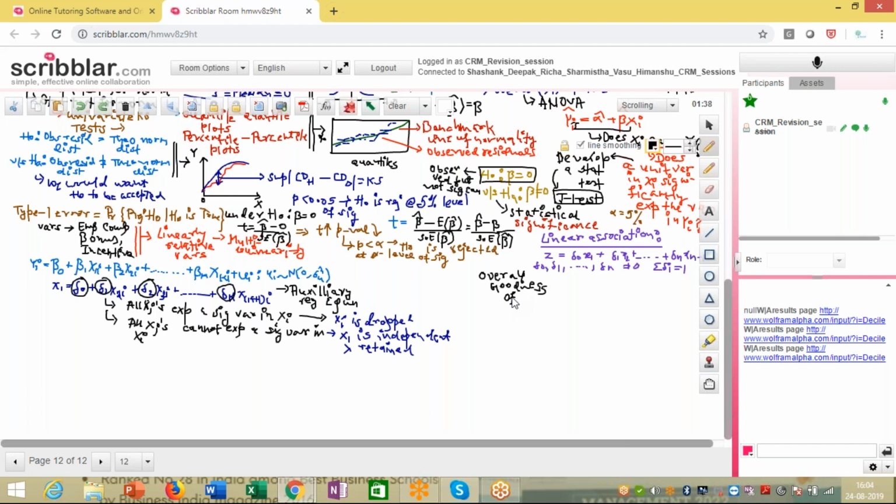Fine. So, talking about the overall goodness of fit of a linear regression model. When I want to assess the overall goodness of the model, there are two very important concepts that come into play.